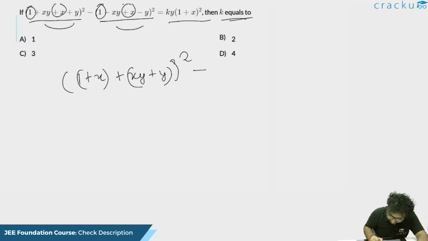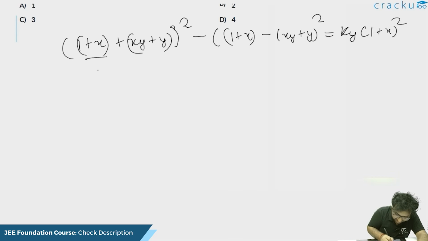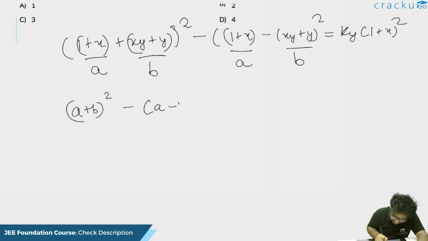So minus 1 plus x minus xy plus y is equal to ky into 1 plus x whole square. Okay. Now what is this? Let it be a and let this be b. So this is a, okay, and this would be b. So a plus b whole square minus a minus b whole square.